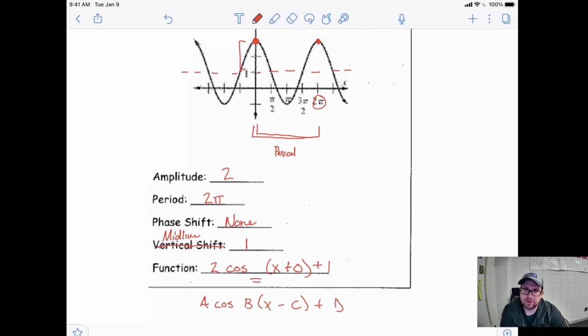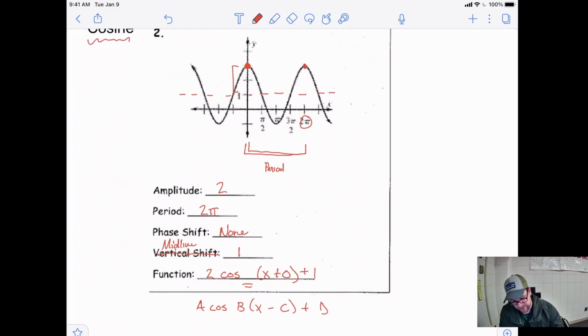That means everything was relatively straightforward for us to find except for our b value. The way you calculate your b value is to realize that to figure out our period normally, we would take 2 pi and divide it by whatever our b value was. And this gave us our period. Now, in this particular situation, we know what our period is. Since we have the graph already, we can just look at it and tell. So we found that our period was equal to 2 pi.